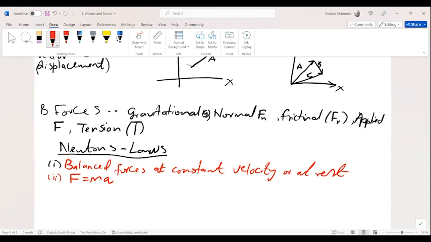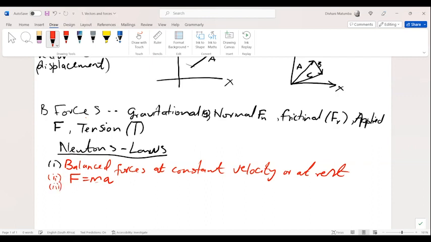Now, what happens when a resultant force acts on that object? We get a resultant force, and that resultant force is directly proportional to the mass of the system, and it's also directly proportional to the acceleration of the system. So once there's a resultant force, note this one, there is acceleration.